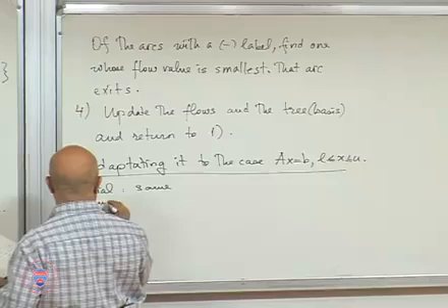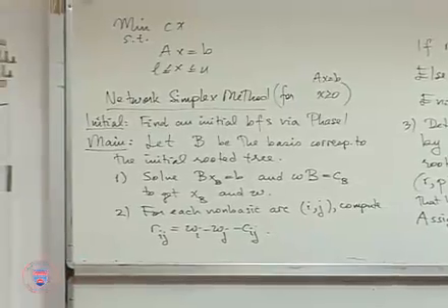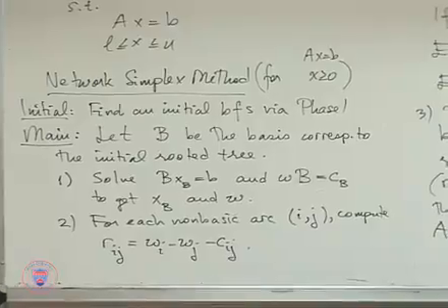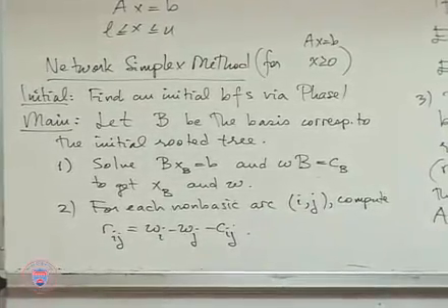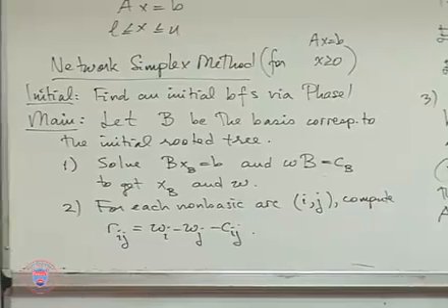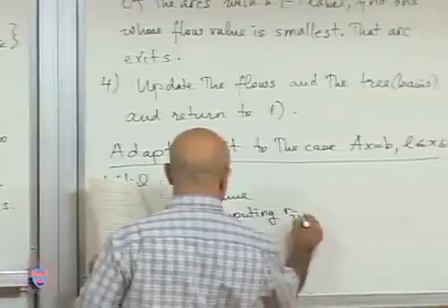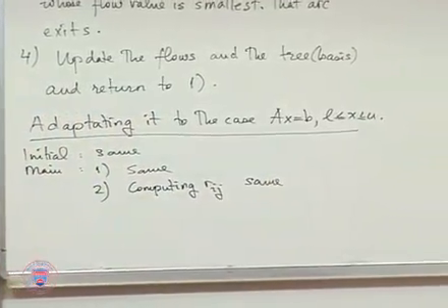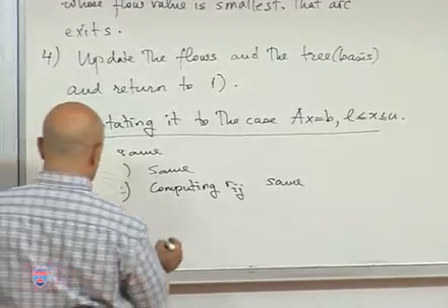The main step, step 1, nothing changes as far as I can see. Step 2, the computation of the Rijs are the same, nothing changes there. However, your conclusion will change.